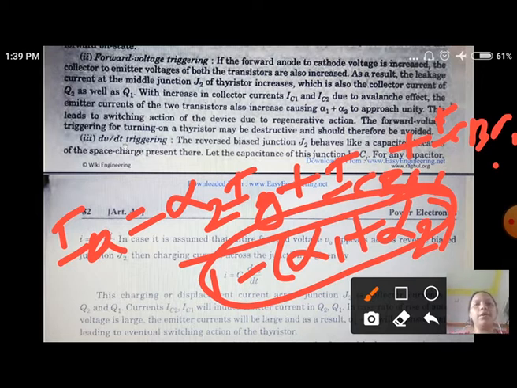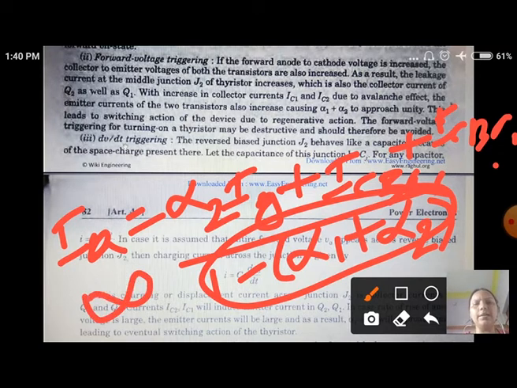How? Once we increase the forward voltage across anode to cathode, the leakage current increases. That leakage current acts as the collector current for both transistors. This collector current increases the emitter current in the transistors. Once the emitter current increases, alpha 1 plus alpha 2 approaches unity, and the leakage current level increases again, because when alpha 1 plus alpha 2 approaches 1, 1 minus 1 is 0, and something divided by 0 gives infinity.